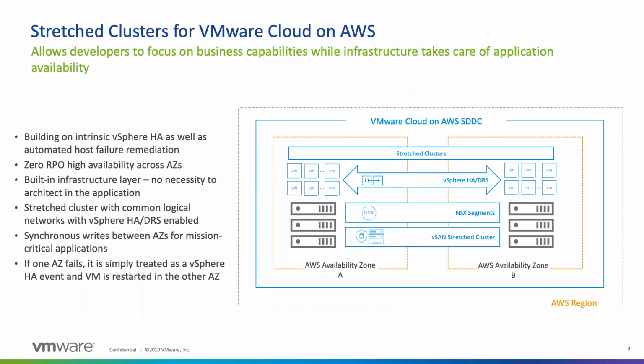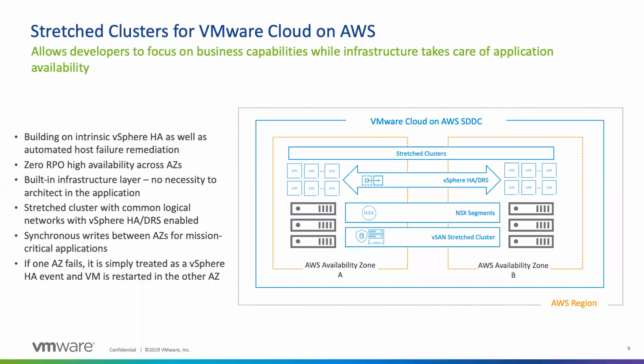The other thing that we've done is, I think everybody that has some experience with the public cloud knows the best practice in public cloud is to deploy workload across availability zones. And so we have actually implemented the only stretched cluster available in the public cloud that gives you infrastructure level availability zone failure resiliency.